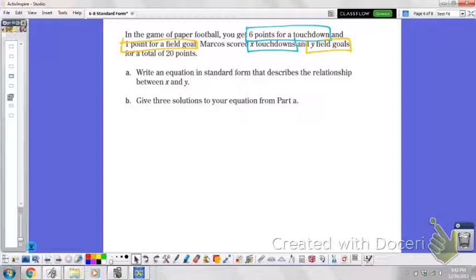So 6 points for a touchdown, and we don't know how many touchdowns we have, so that'll be 6x. And Y for field goals, and it's 1 point for a field goal, so we don't know how many field goals we get, so it'll just be 1y or y. And it also tells us we have a total of 20 points. And we get that by adding our touchdowns and our field goals, so our equation will be 6x plus y equal to 20.